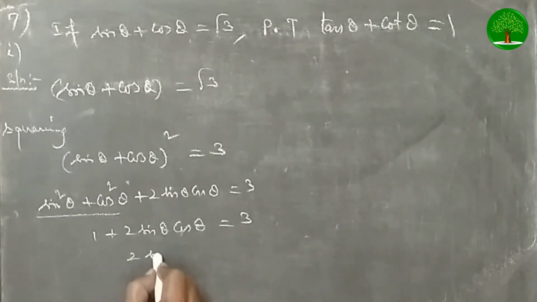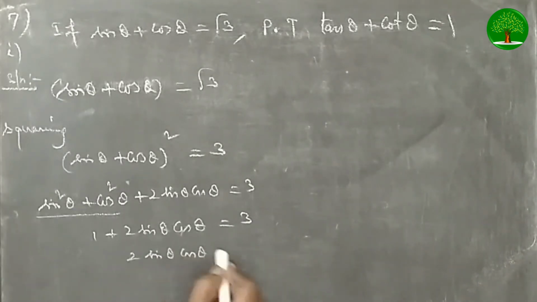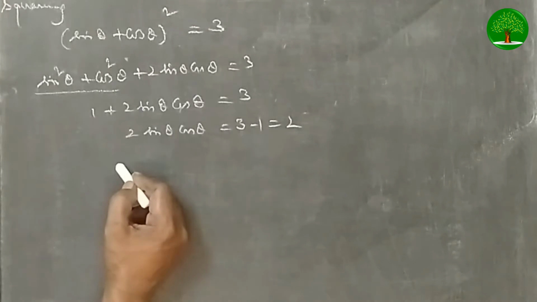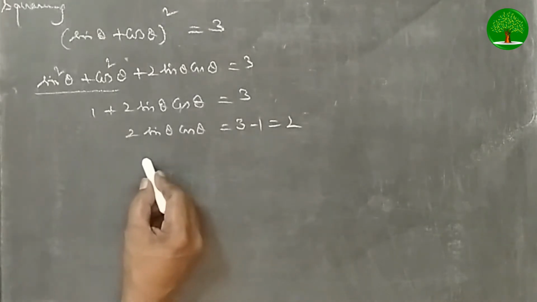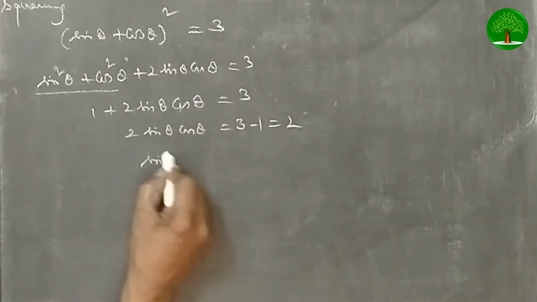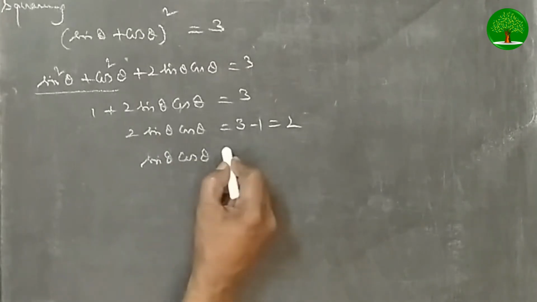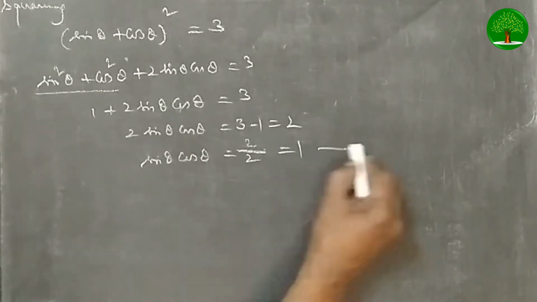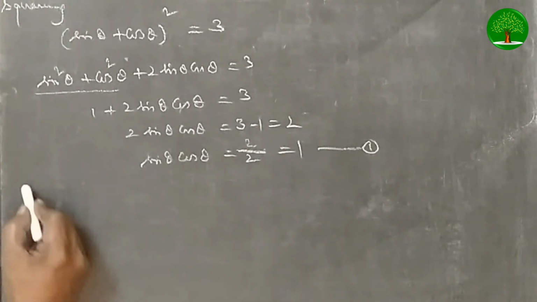Now 2 sin theta cos theta is equal to 3 minus 1, which is 2. Here 2 gets cancelled. That is, this implies sin theta into cos theta is equal to 2 by 2, which is 1. Let it be 1.